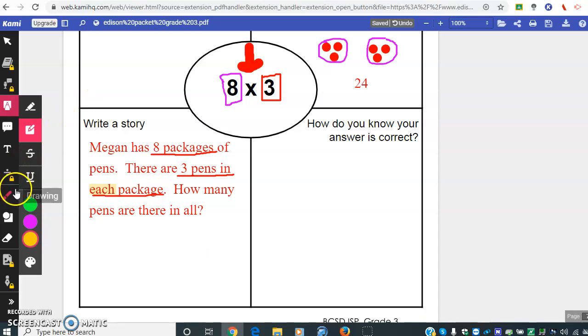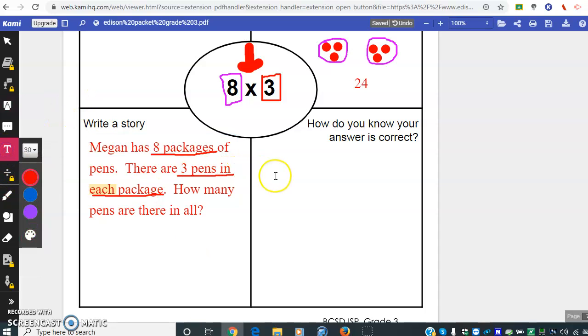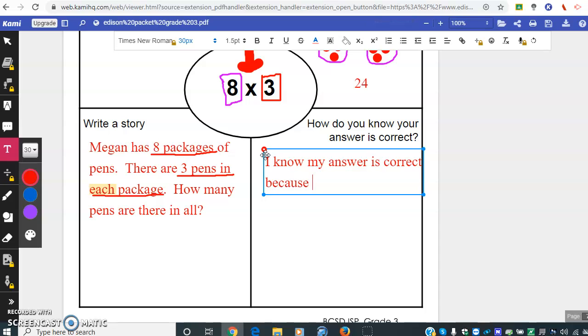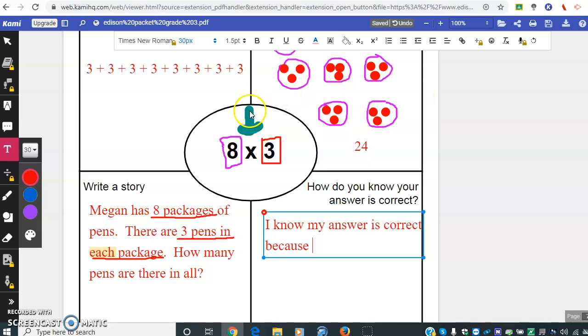Now, how do I know my answer is correct? For this, I'm going to say that I know my answer is correct because what I did first in that first box, this method up here, we call this repeated addition or skip counting. So I'm going to continue.